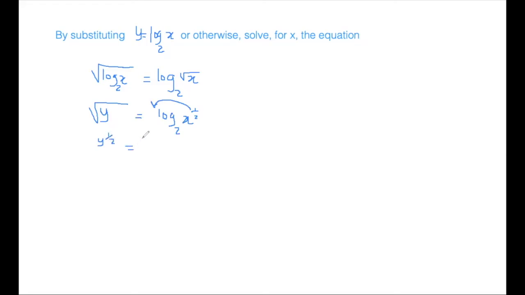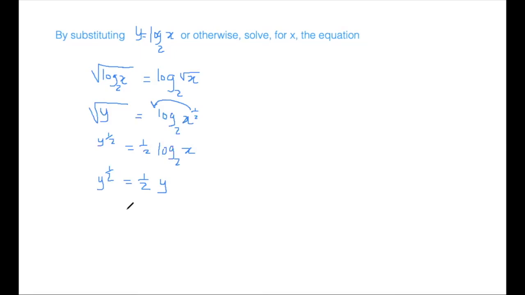Then carrying the half in front of the log using the log rules that say once you have a power, it can go in front of the log. Now, here I have the log 2x. So I can now write this as y to the half equal, this now becomes a half y.